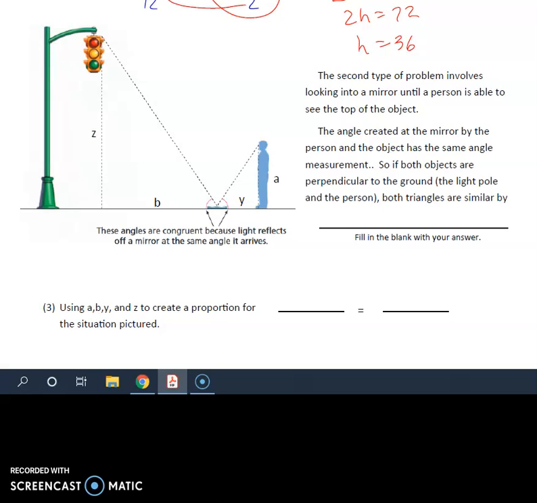So the question here is whether the angle created by the mirror, by the person and the object are the same. So this angle here and here are the same. And we're going to assume that, again, the objects are perpendicular to the ground. So these 2 angles here and this pole here are creating that second angle that is the same.